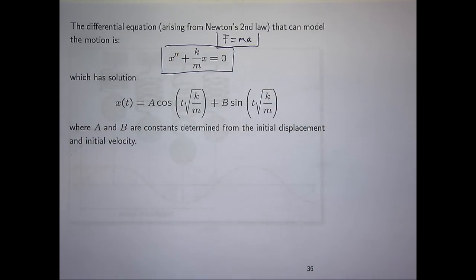This is a very basic second order ODE, and you can calculate the solution by looking at the characteristic equation, and the roots are complex, and you get the following solution x of t, where big A and big B are just constants that can be determined from the initial displacement and the initial velocity.